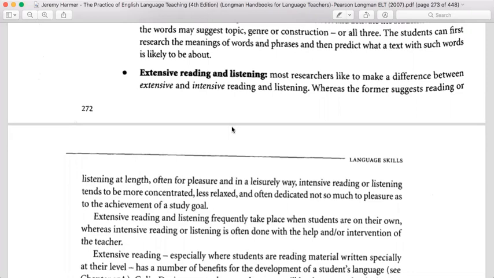So what we are going to develop basically are the activities related to intensive listening. Since intensive listening is a part of the classroom, as teachers we will look at some of the activities of intensive listening.